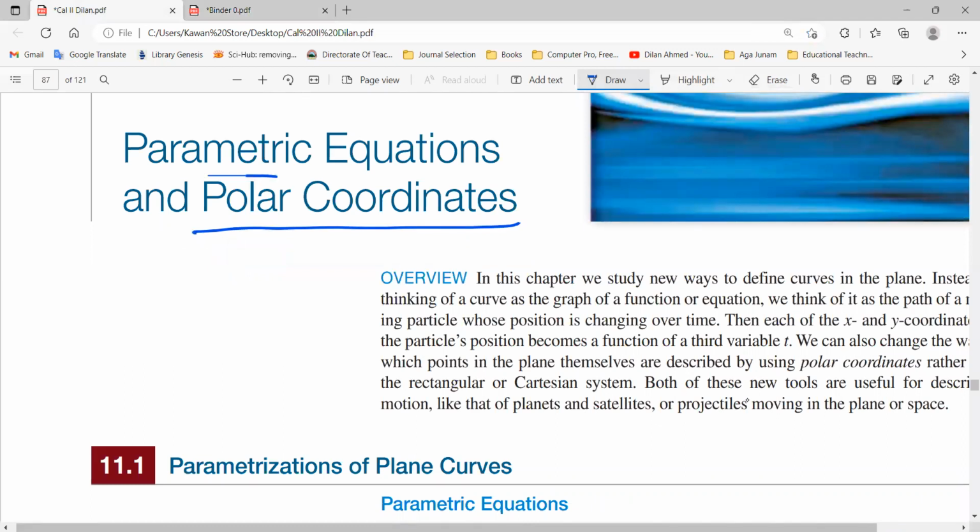So first of all, what's a parametric? What do you think about parametric? Give me some word, some clue. For example, in chemistry, we have water and we change it to ice.